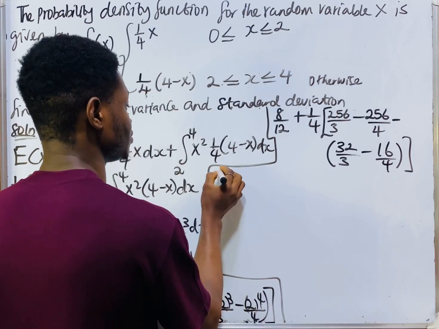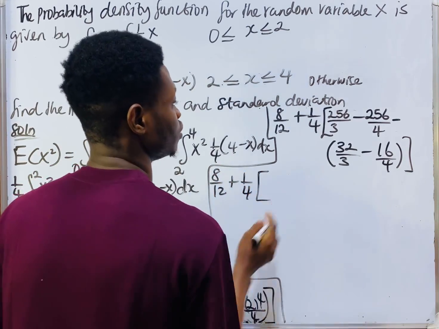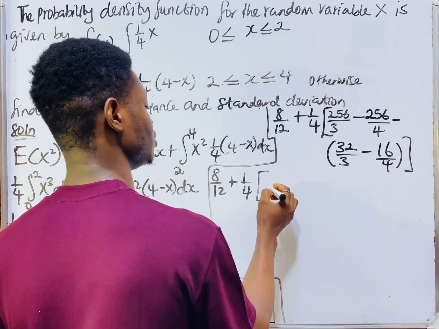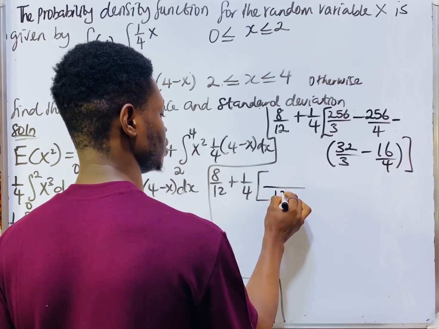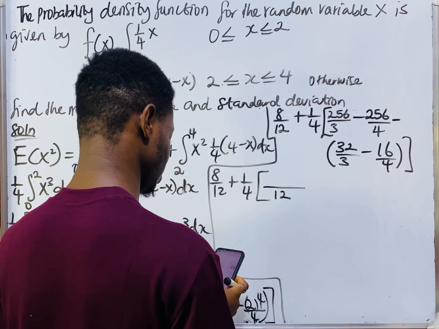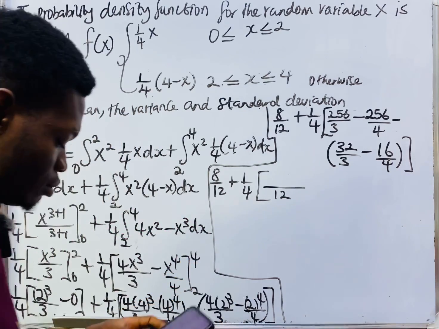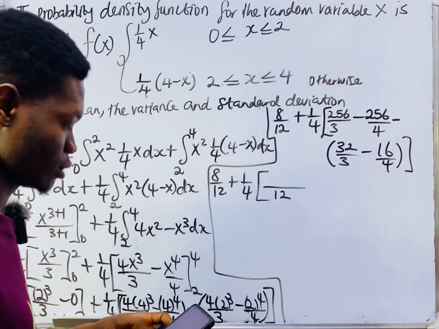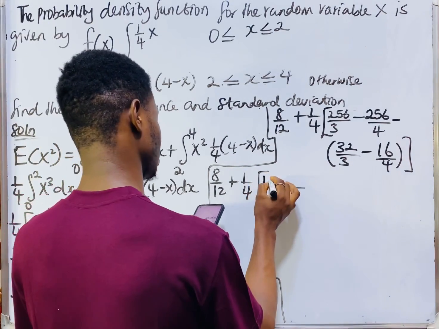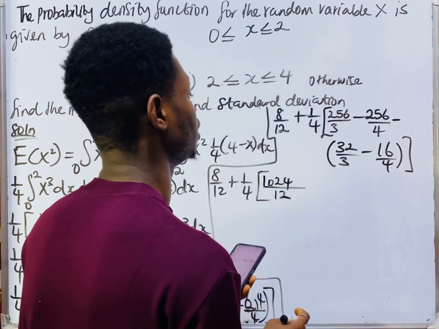So we're having 8 over 12 plus 1 over 4 into the bracket. The LCM of these two is what? 12, right? 12 divided by 4 times 2 to the power of 4 gives me 1024, right?